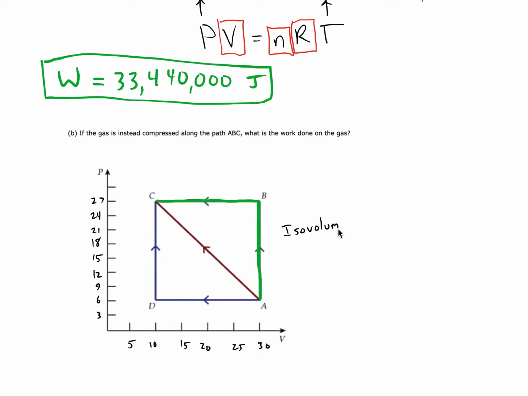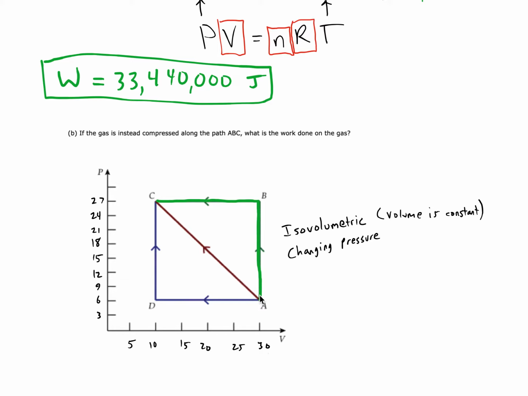So the path from A to B, that path A to B is an isovolumetric path. So what it does is there will be a changing pressure, but isovolumetric means that the volume remains constant along that path.